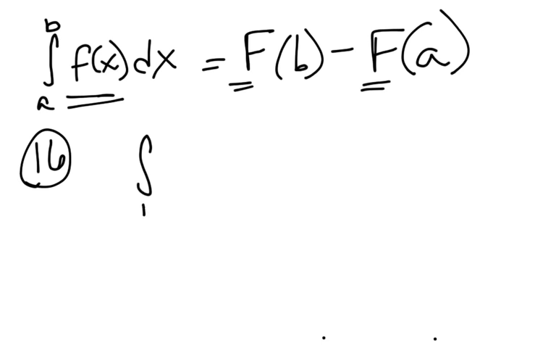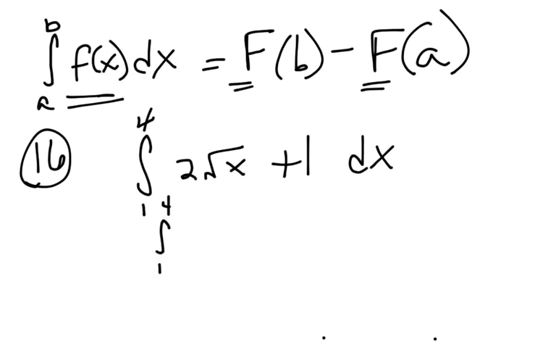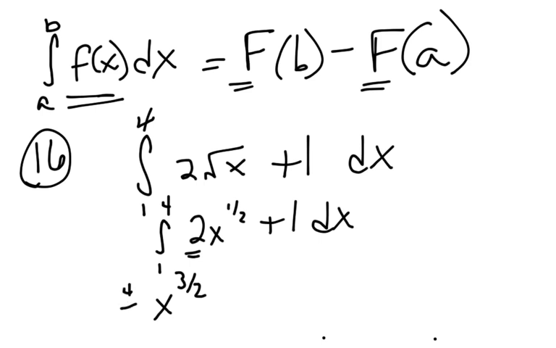I'm going to do the integral from 1 to 4 of 2 square root of x plus 1 dx. Oops, it looks like I skipped number 15, but I'll come back to that. So this would be the integral from 1 to 4 of 2x to the 1/2 plus 1 dx. So if I calculate the integral of that, that's going to be add 1 to my power, 3/2, multiply by the reciprocal of that power, so that's going to be 2/3. 2/3 times the 2 already in front would give me 4/3, plus the integral of 1 is x.